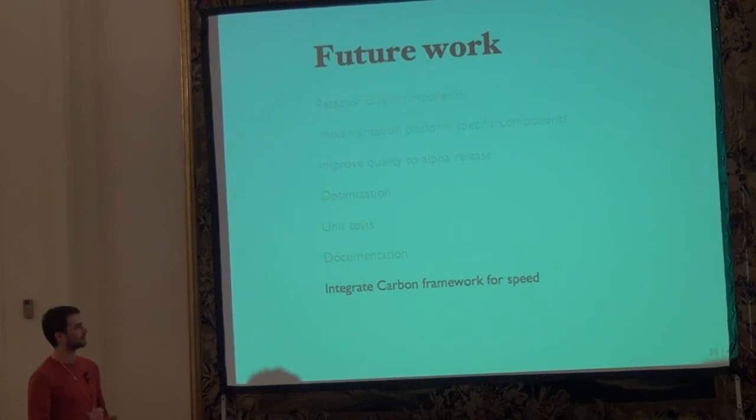Basically, I think that the integration of this framework will bring a huge speed improvement, because I had to add a lot of overhead to this framework to make this work. And because of that, the framework is not in an optimal state.